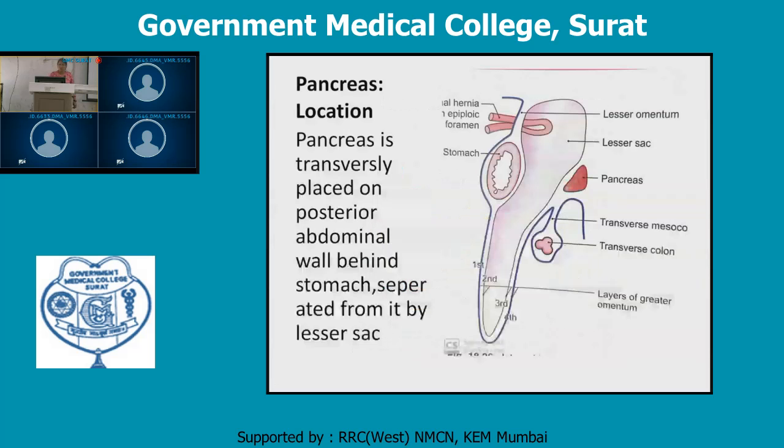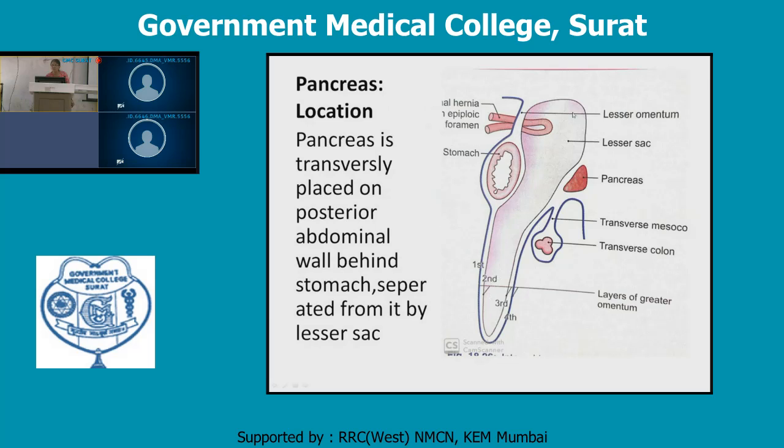So I will emphasize again that this pancreas is transversely placed on the posterior abdominal wall. Now here, please listen carefully. It is behind the stomach, separated from the stomach by the lesser sac. There are two peritoneal sacs, the greater sac and this lesser sac, which lies behind the lesser omentum, behind the stomach, and also extends into the greater omentum.